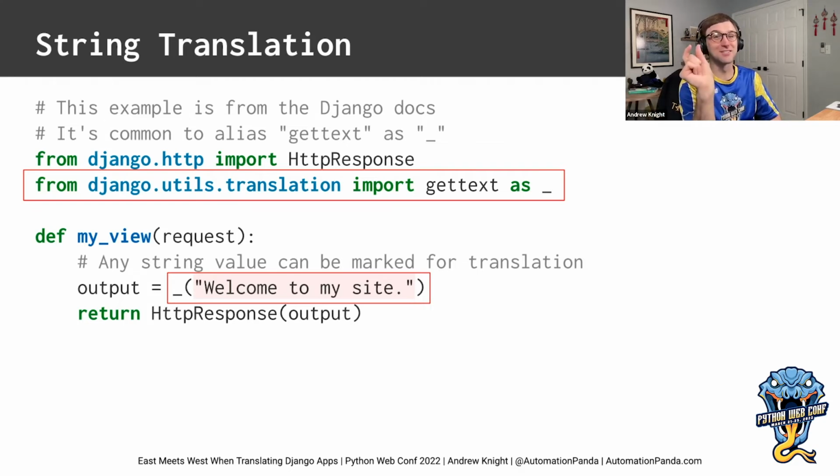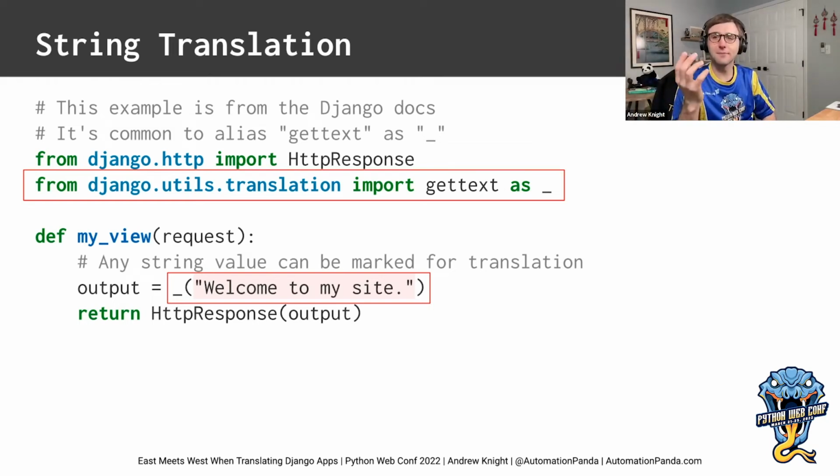So one character is nice, and the underscore is unobtrusive. So here we go. Let's say we have a view that returns an output saying, welcome to my site. What you're going to do is take that string and just wrap it in the gettext call. So you can see it here, underscore, parenthesis, welcome to my site. What that'll do is call the gettext function, pop in that string, and then the translation that we will provide later will be given instead of the English string here.